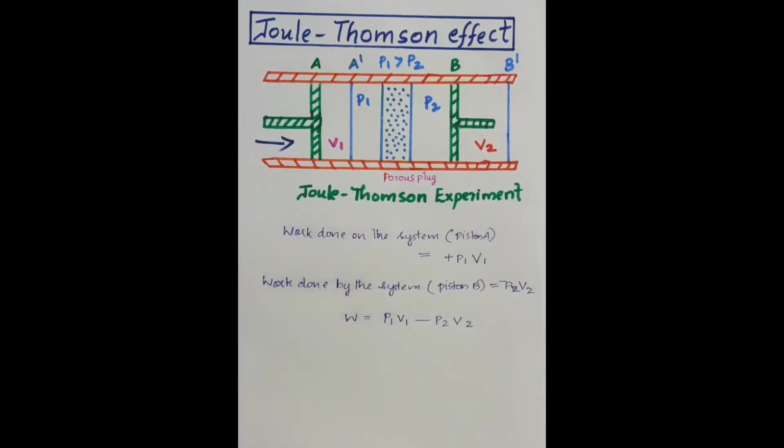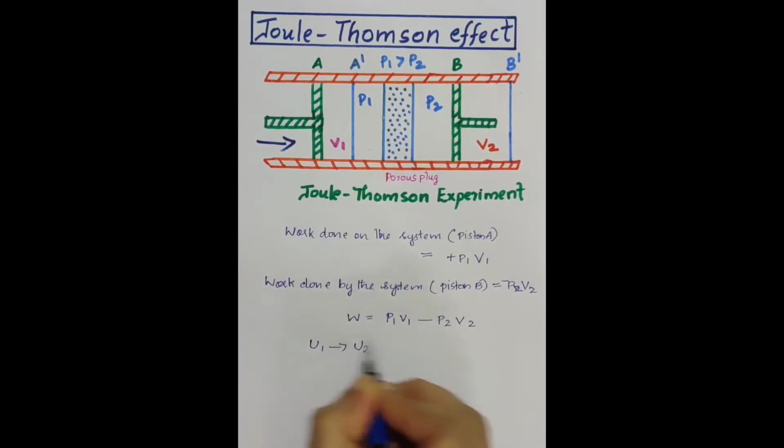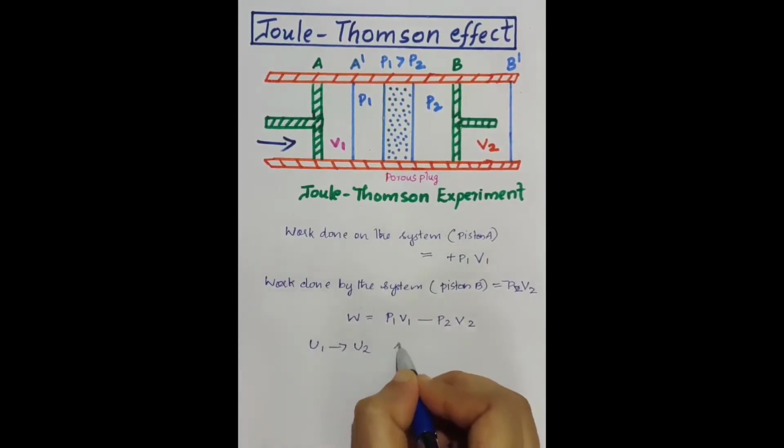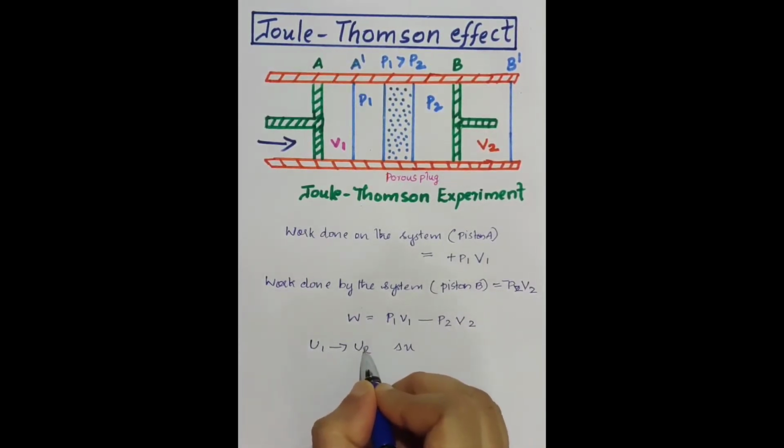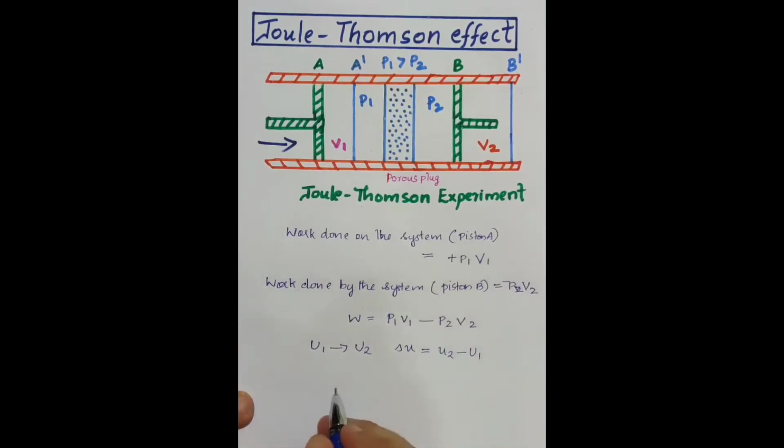Let the change in internal energy in this process be from U1 to U2. Then delta U is equal to U2 minus U1.